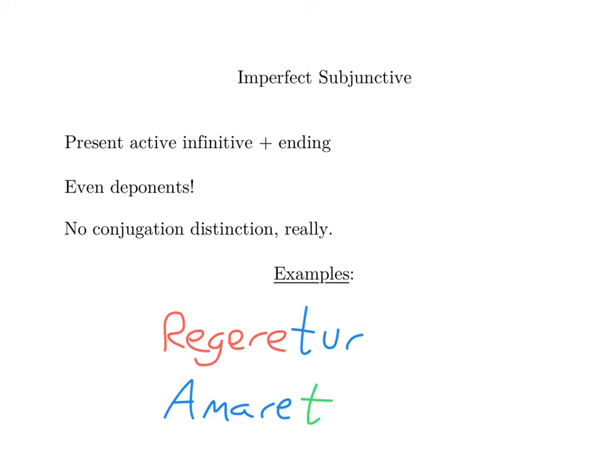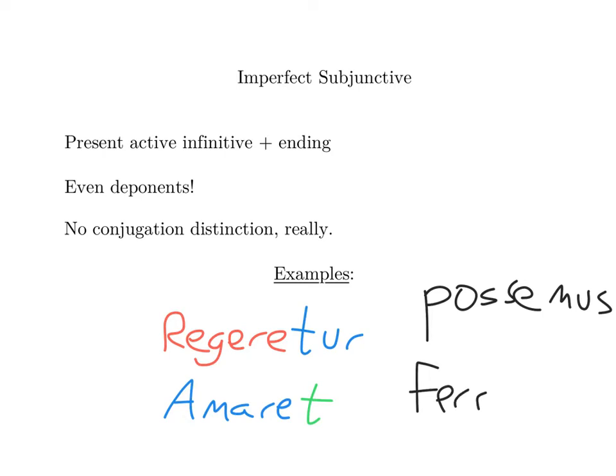So, think of an irregular verb like posse, which would be the infinitive of possum, to be able. You can add things onto that too. So possemus, we were able. Done. So it's just the infinitive plus the ending. That's the process. It's kind of cool like that. All right, and think of an irregular one like ferre.